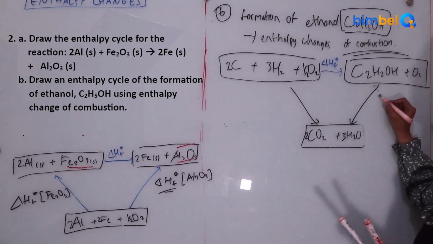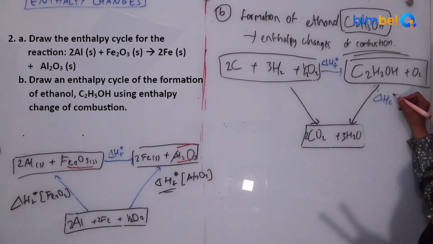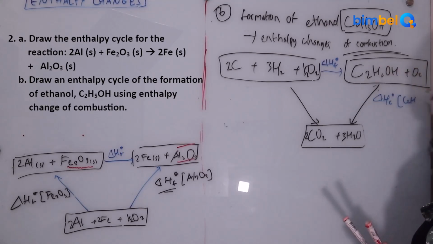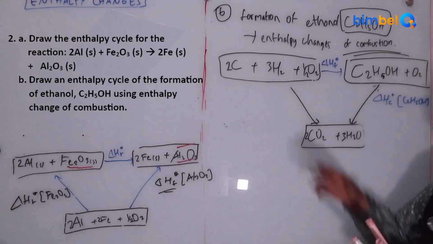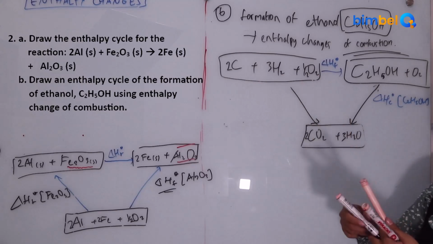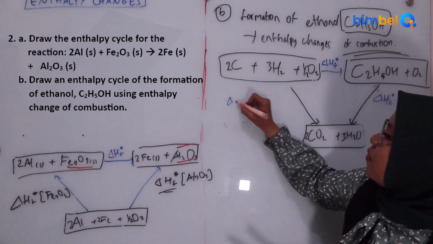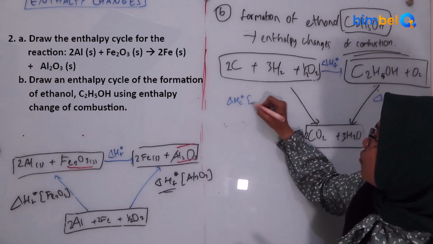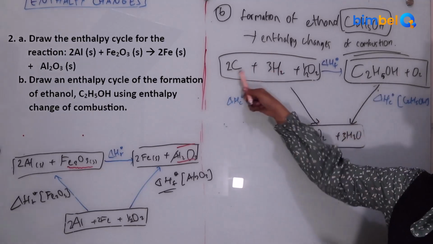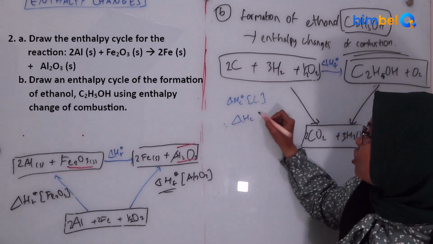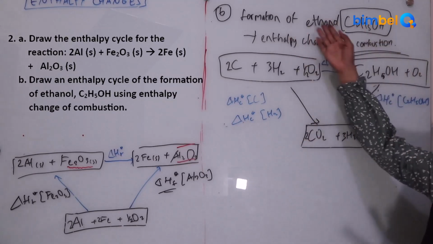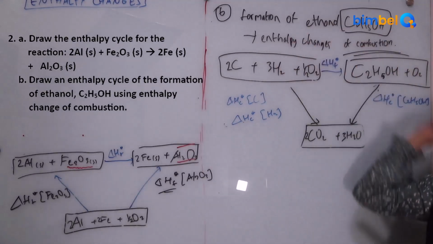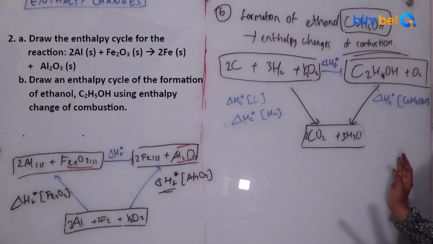So we have this delta H combustion of ethanol, C2H5OH. And this one will also react with oxygen, so we have delta H combustion standard. Remember, we have two atoms of C here, and delta H for hydrogen. So this is the Hess cycle for the formation of ethanol using enthalpy changes of combustion. That's for number 2.